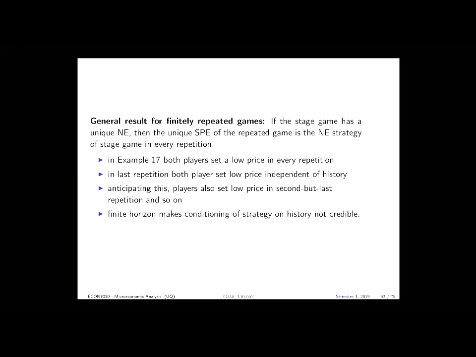From now on, if I give you an example and ask you to repeat it for T periods and find the SPE, you just need to first find the Nash equilibrium of the single shot game. If there were multiple Nash equilibria, your answer would simply say we don't know the SPE, there will be many SPEs. If there were a single Nash equilibrium, your answer would be the SPE of the game is the repetition of the Nash equilibrium at every stage game.